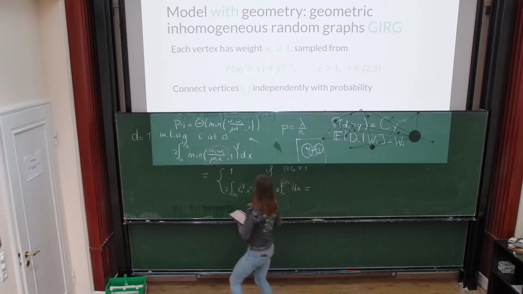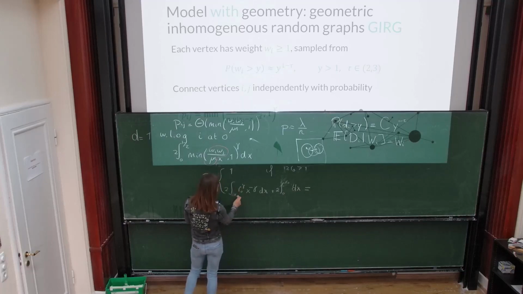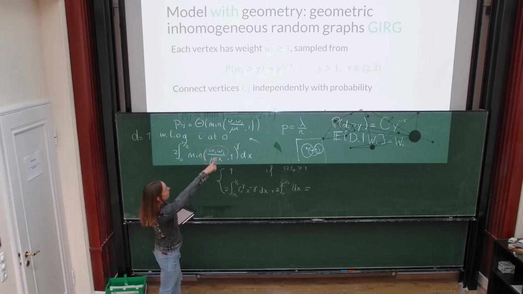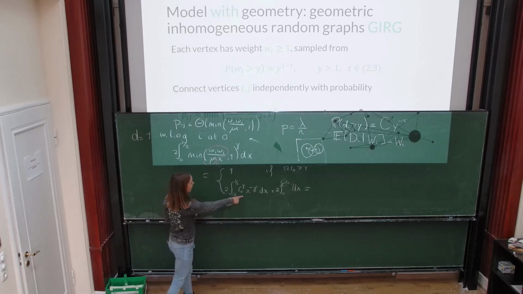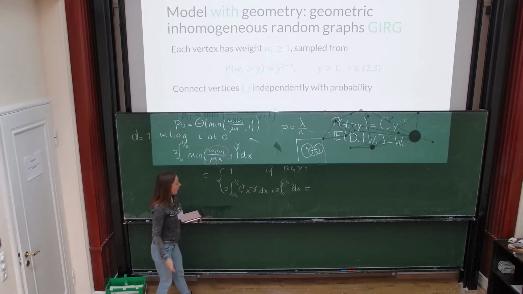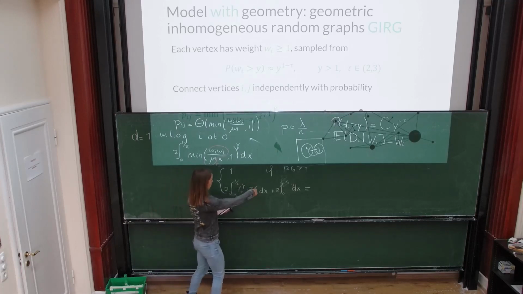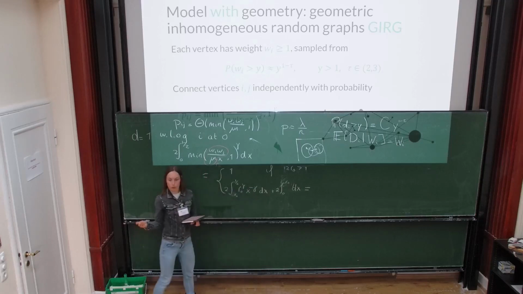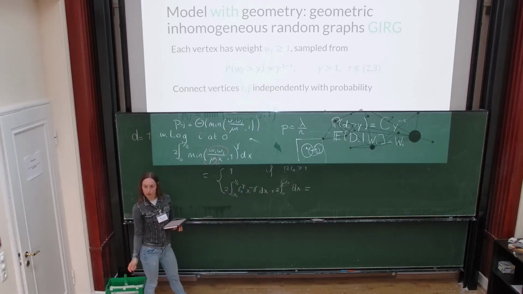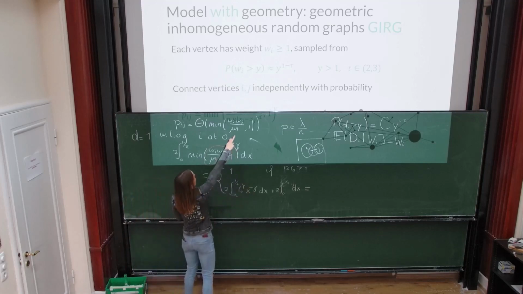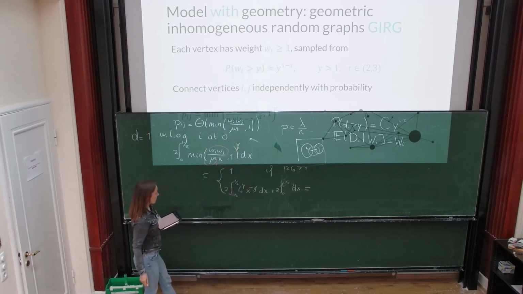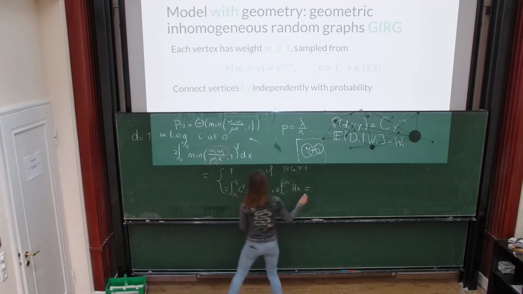And then here, oh wait, I forgot, this should run to 1/2. Here we can already see why it's important that this gamma should be larger than 1. Because we're integrating over x to the power minus gamma, and integrating x to the power minus 1 would give all kinds of extra logarithmic terms, which are not so great. So that is why this extra factor of gamma is actually needed in a connection probability.